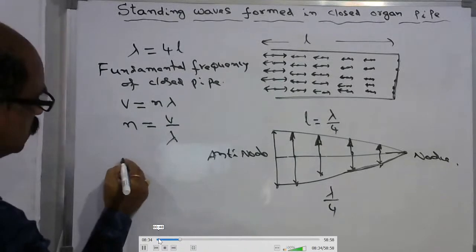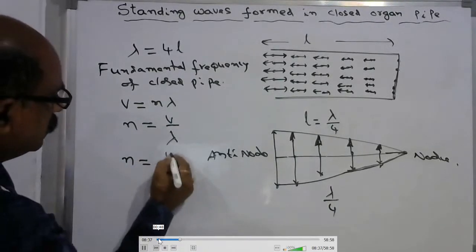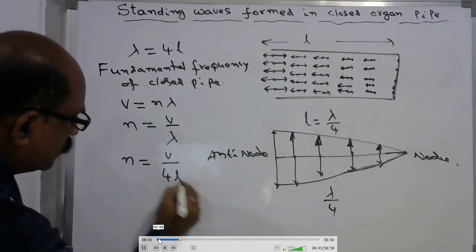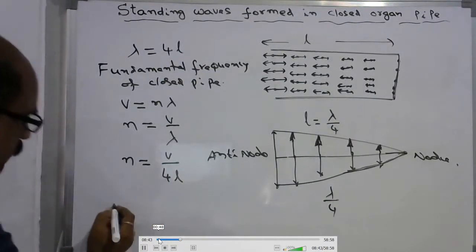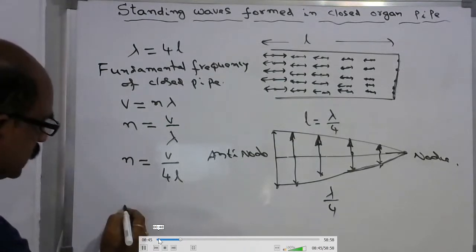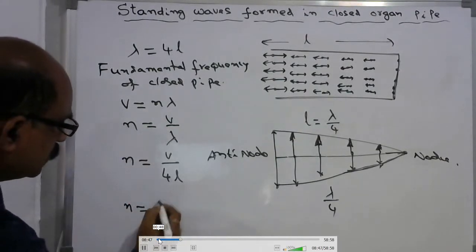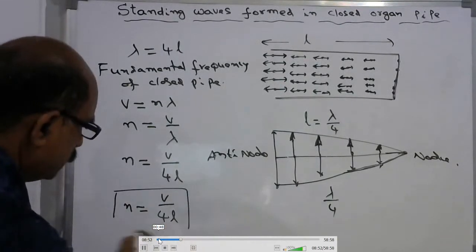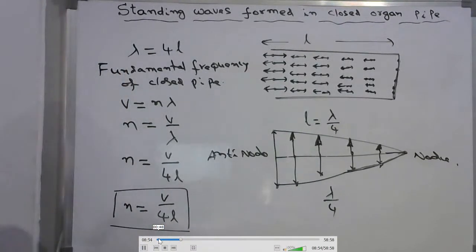So in the first mode of vibration, n is equal to V by lambda, and instead of lambda we can write 4L. So the fundamental frequency n is equal to V by 4L in case of a closed pipe.